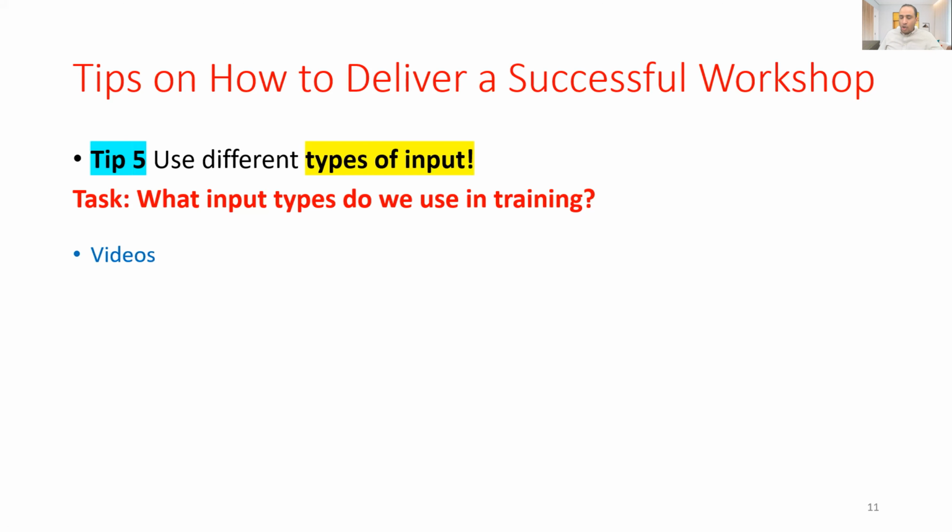But if you're going to have a training workshop or a training session, you can prepare a video and allow the trainees to watch it and comment on it. Audio recordings, you can allow them to listen to something and give opinions.